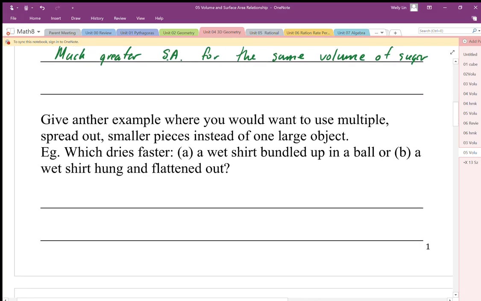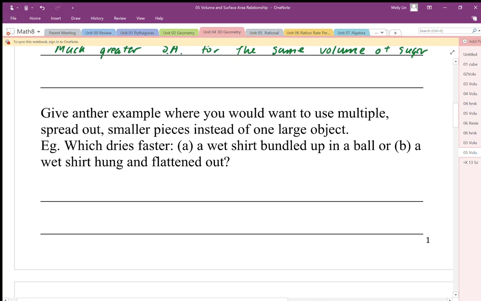I want you to think of where, as we change the amount of surface area, it affects some sort of process. For example, and come up with a different one, if you have a wet t-shirt all scrunched up in a ball, sitting in the corner of your room, or if you took that same wet t-shirt and flattened it out and hung it up on a hanger or on a clothes rack, which one's going to dry quicker?